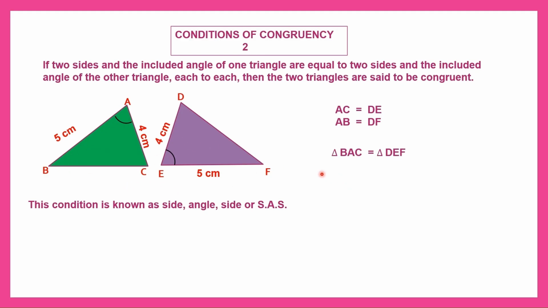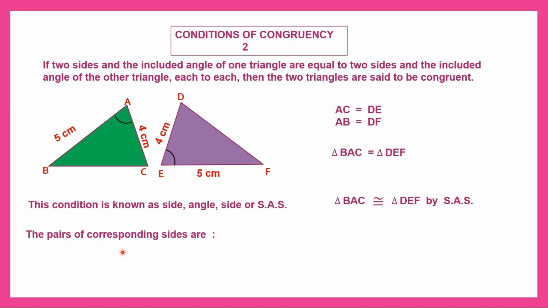And angle BAC is equal to angle DEF. We have put A in the middle because that is where the angle is. So two sides and one included angle. If this condition is satisfied, then we say triangle BAC is congruent to triangle DEF by SAS.